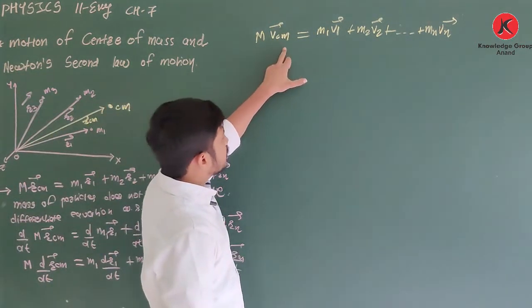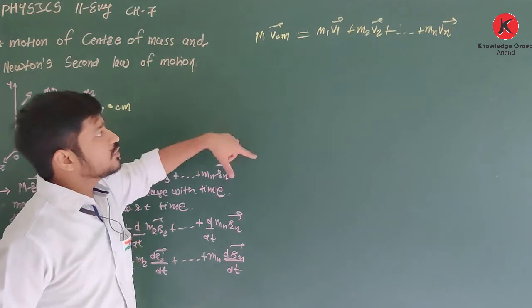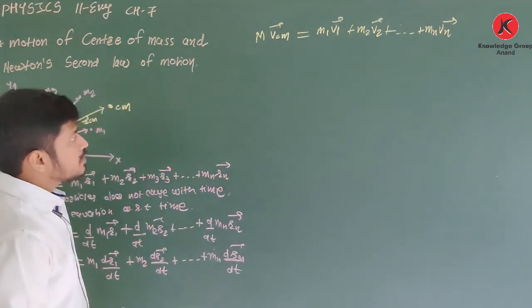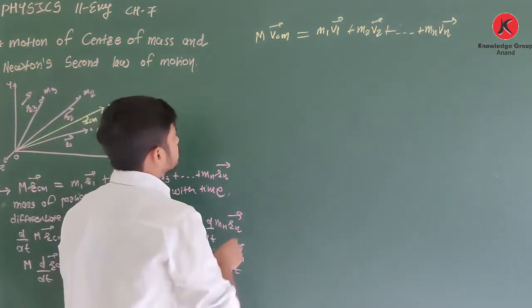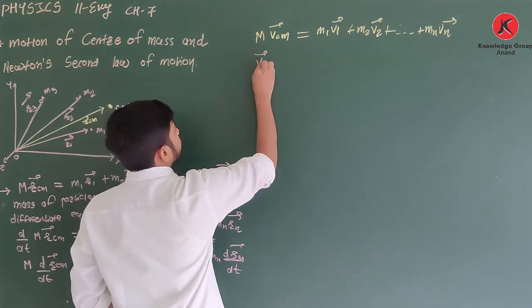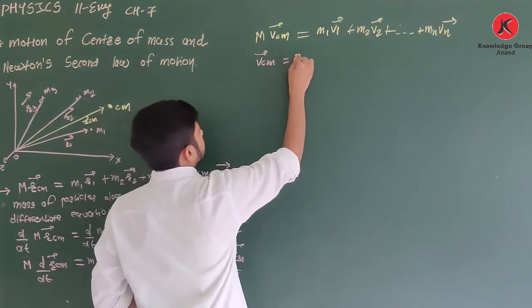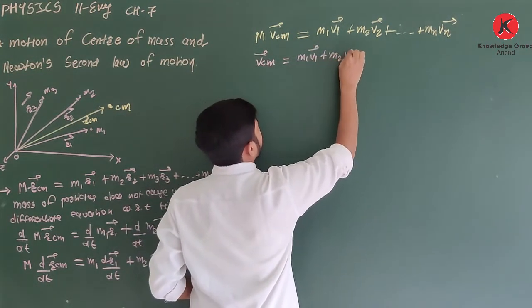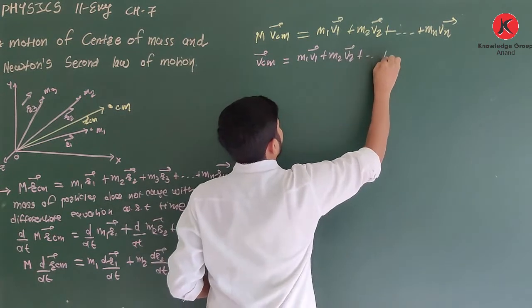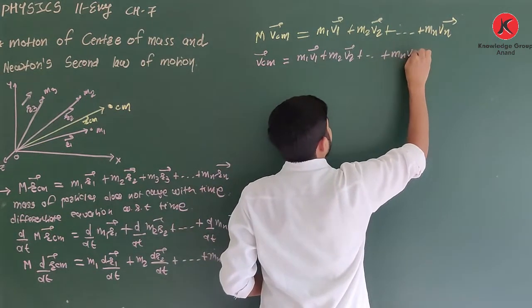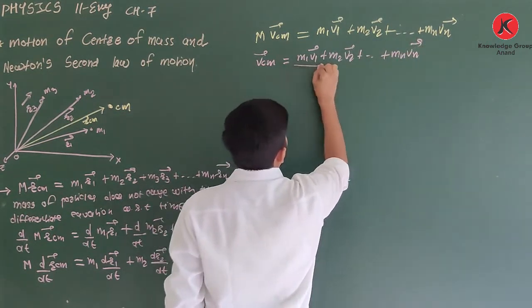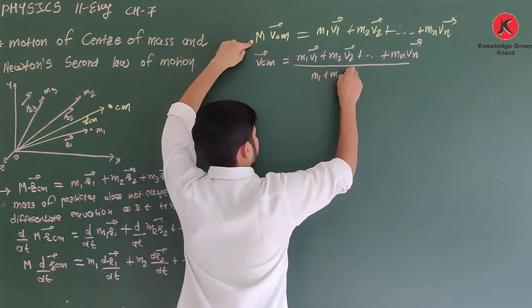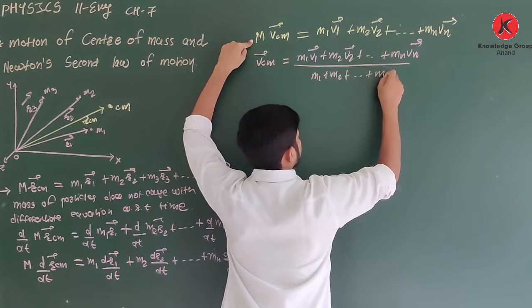Similarly, this is the equation to find the velocity of center of mass. I can also write this as V center of mass is equal to m1 v1 plus m2 v2 plus so on, mn vn, divided by capital M, meaning the total mass, m1 plus m2 plus so on, mn.